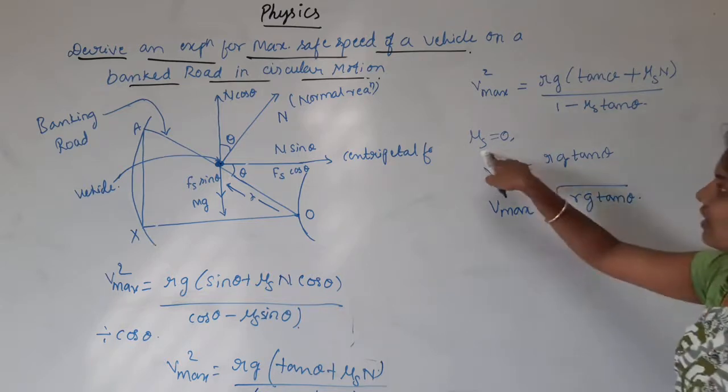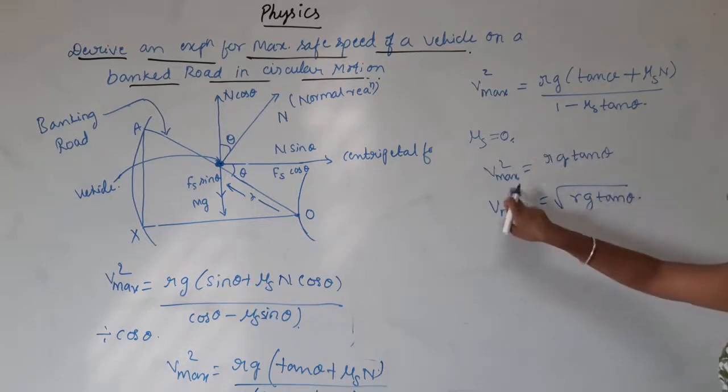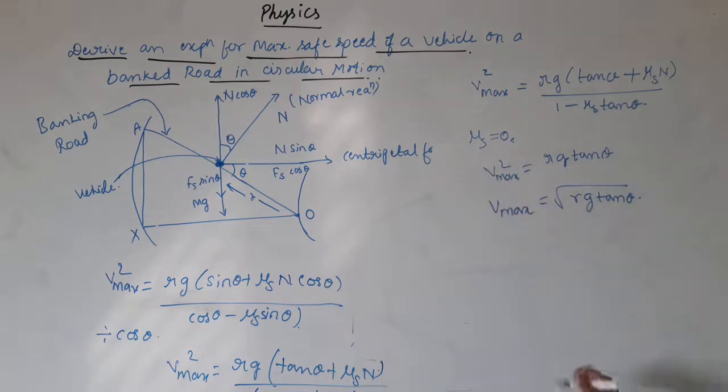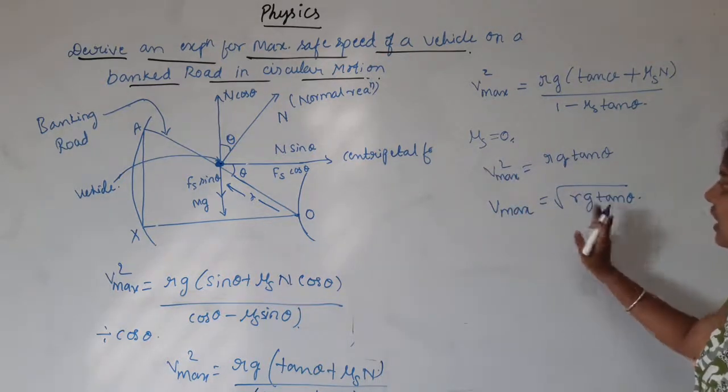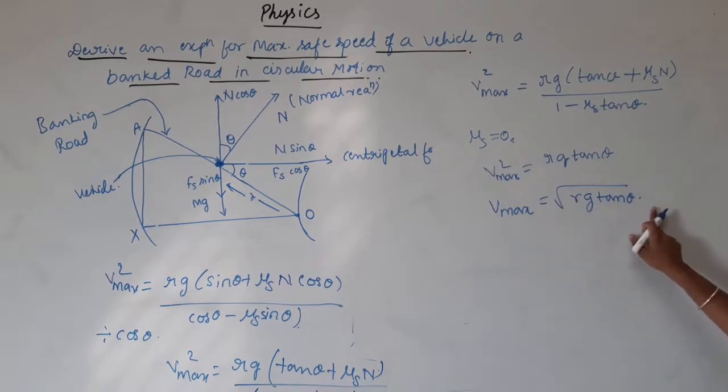When the coefficient of static friction is 0, v max square equals rg tan theta. Removing the square, on the right side it is a square root. V max is equal to square root of rg tan theta.